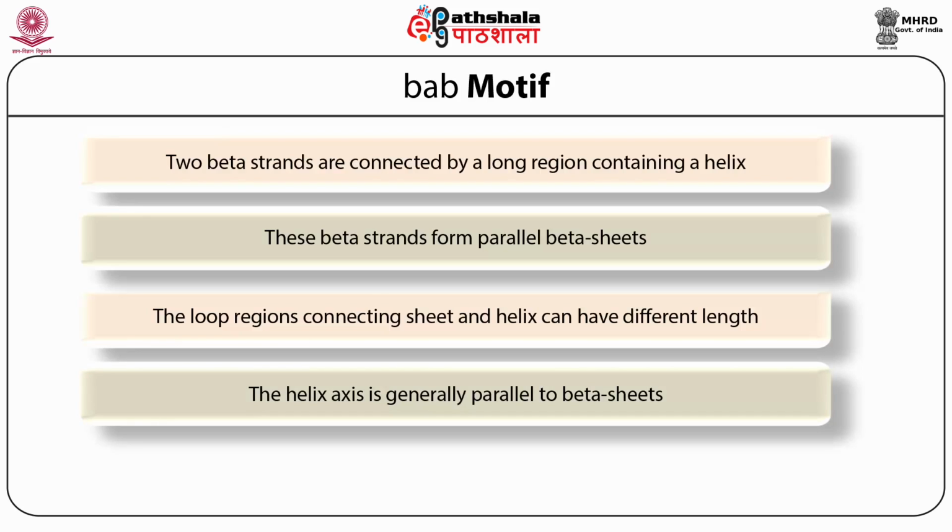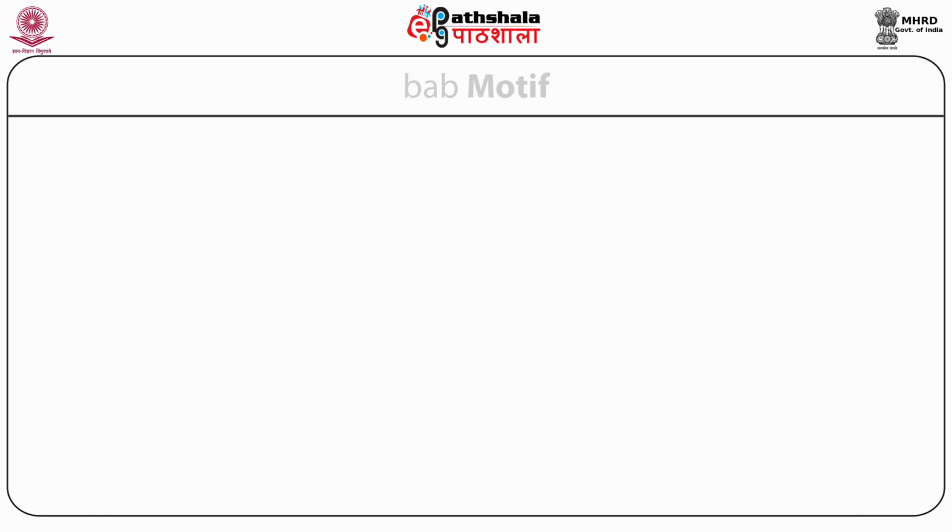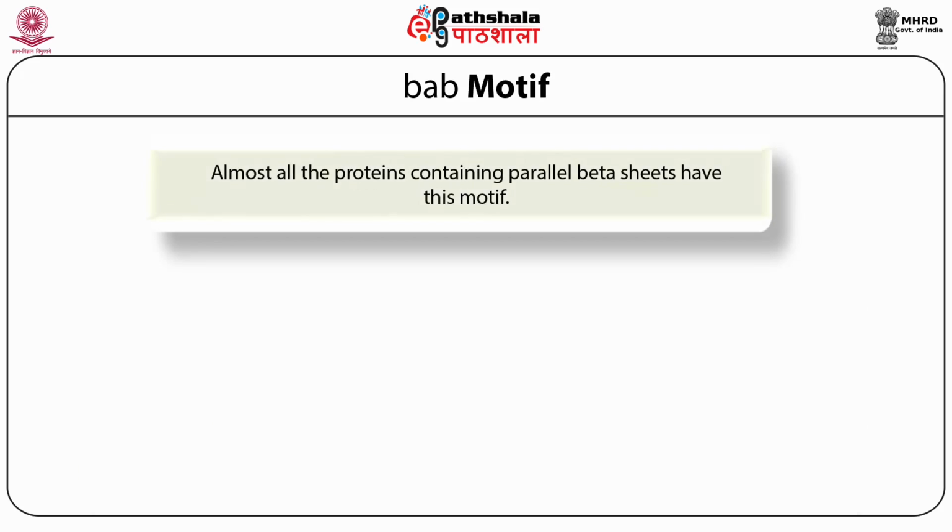So basically, two parallel beta sheets and one helix in the same orientation. These three secondary structures are stabilized by several hydrophobic interactions. Almost all the proteins containing parallel beta sheets have this motif. You could also have large loops, but generally they have an alpha helix in these motifs.